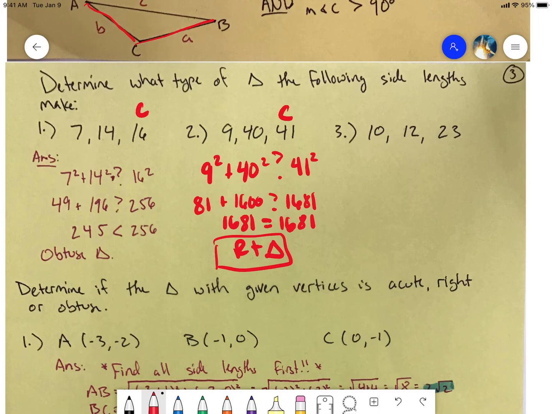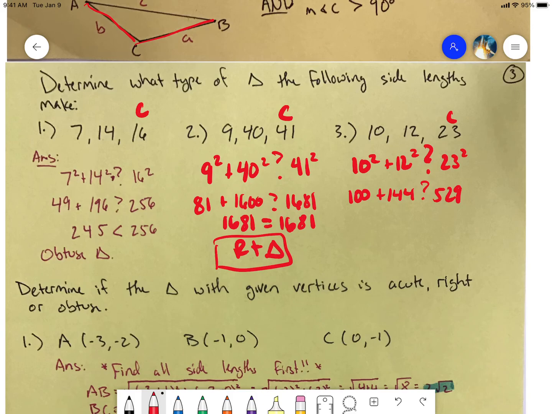Number 3, again, we want to look at, well, what's 10 squared plus 12 squared, and obviously 23 is the greatest side, sorry. And how does it compare to 23 squared? Well, this is 100 plus 144, and then 23 squared is 529.